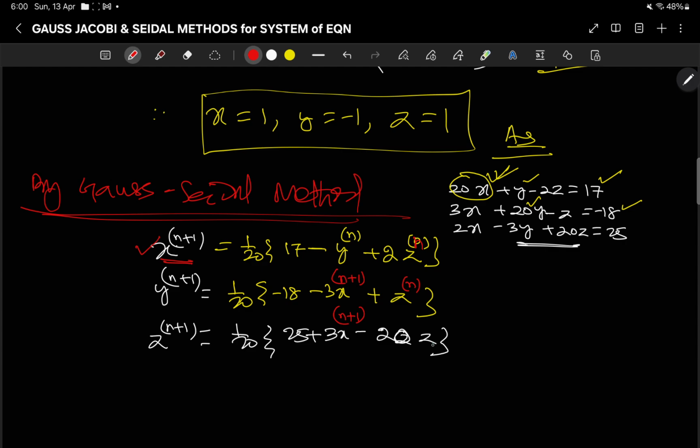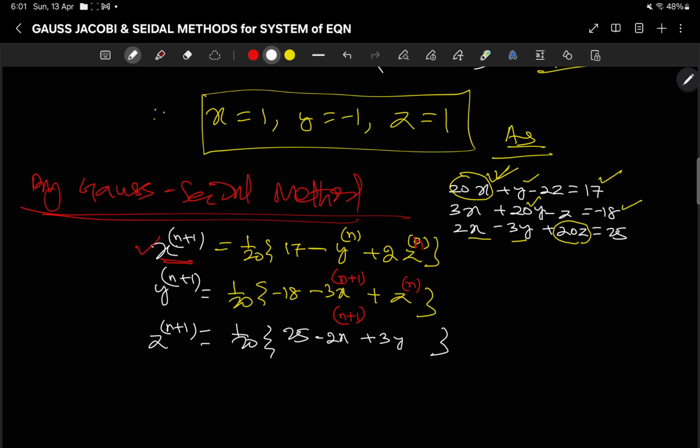For z, this is minus 2x plus 3y. Okay, so here 20z here, so it is minus 2x plus 3y.